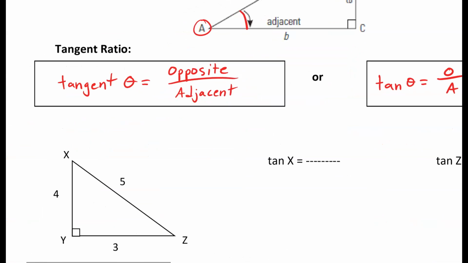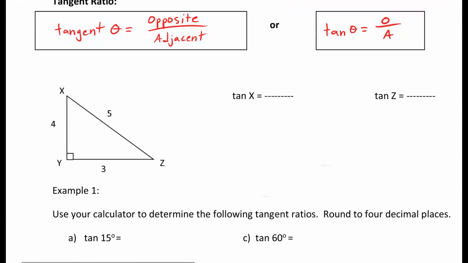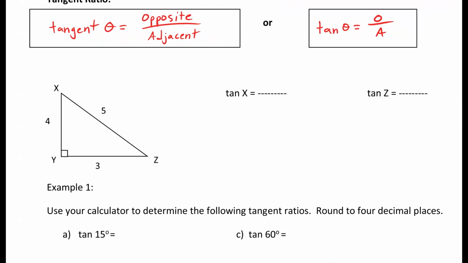So let's look at this example here where we have X, Y, Z, and we have 4, 5, and 3 as our lengths for this triangle. Remember, we can only use this on a right triangle. We have tan X that we want to solve for, so we're looking at this angle at the top here.